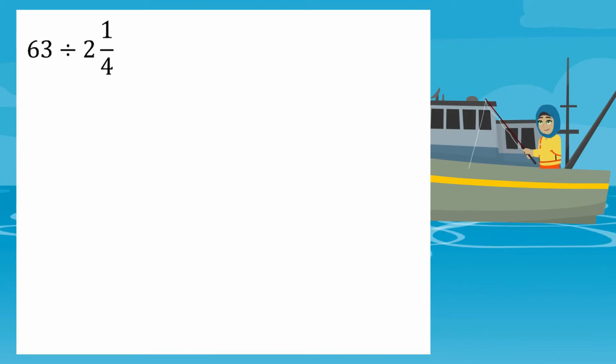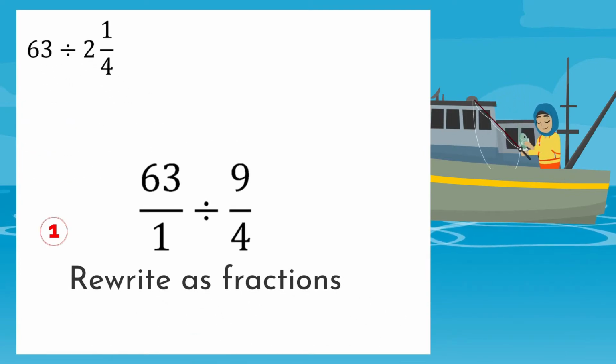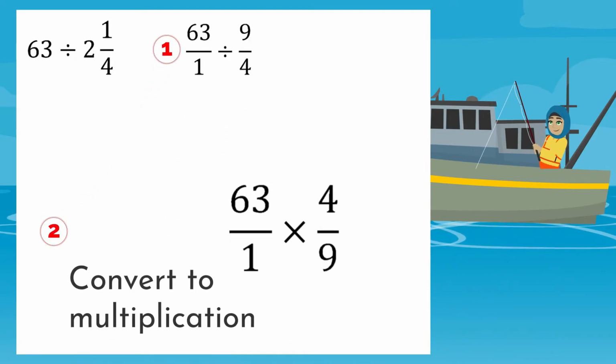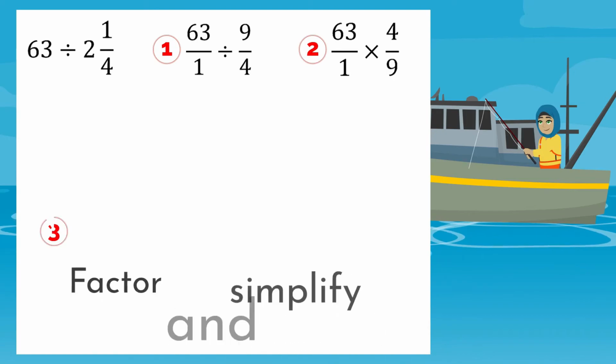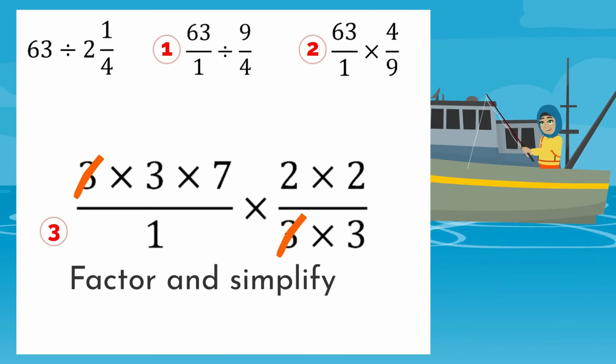Using the standard algorithm, first rewrite each number in fraction form. Next, change the statement from division to multiplication by the reciprocal. The next step is to multiply. However, I factor the numerators and denominators, then divide out common factors in the numerator and denominator to simplify the multiplication first.